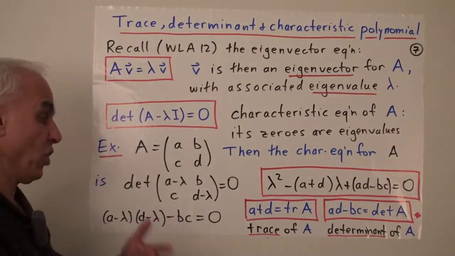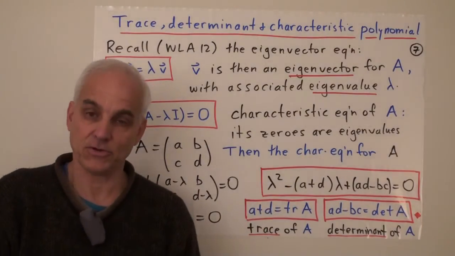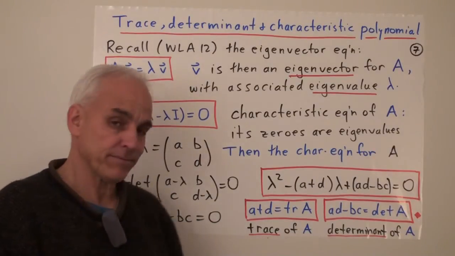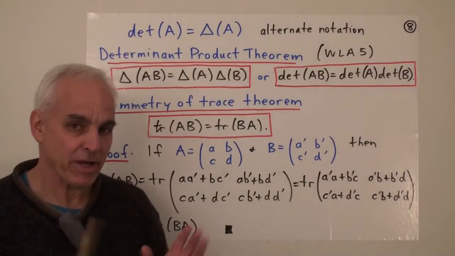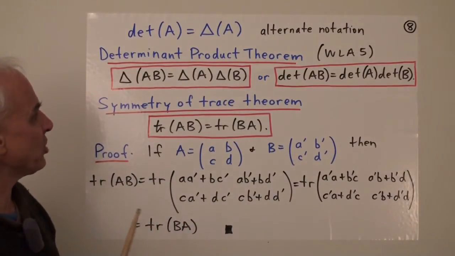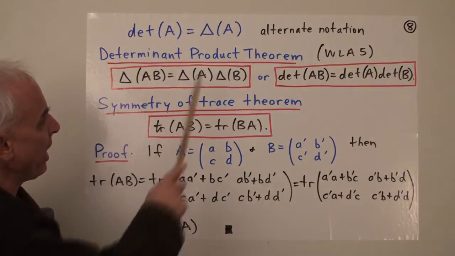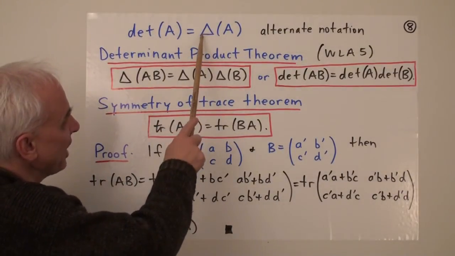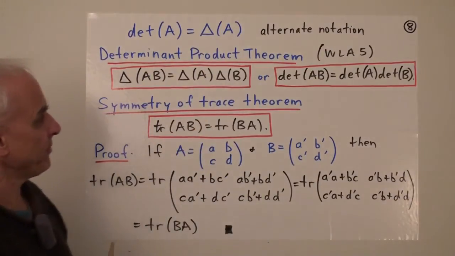And conversely, if you know what the trace and the determinant are, you can immediately write down that characteristic equation and look for eigenvalues. And I remind you that the determinant has sometimes some different notation. Sometimes the determinant is written det of the matrix A, and earlier we used this alternate notation with a delta or triangle to denote the determinant.